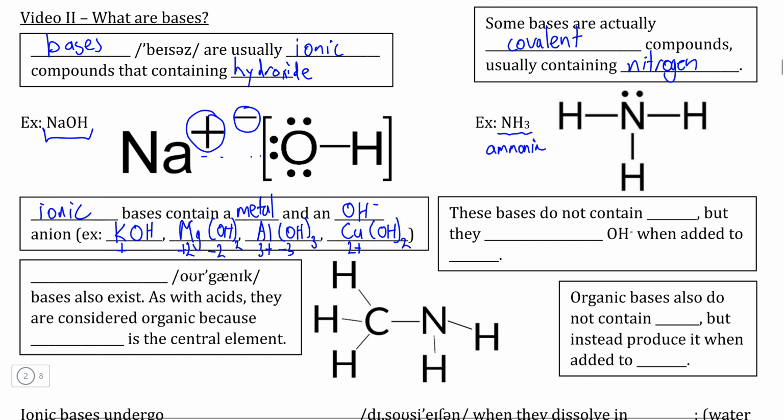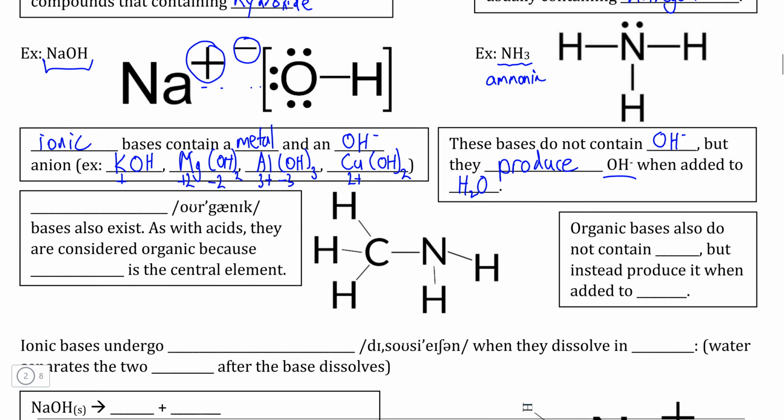Now, unlike ionic bases, ammonia doesn't actually contain the OH- ion, but instead, once covalent bases are added to water, they react with water in order to produce OH-, which is a chemical reaction that you will explore in detail in Chemistry 11.